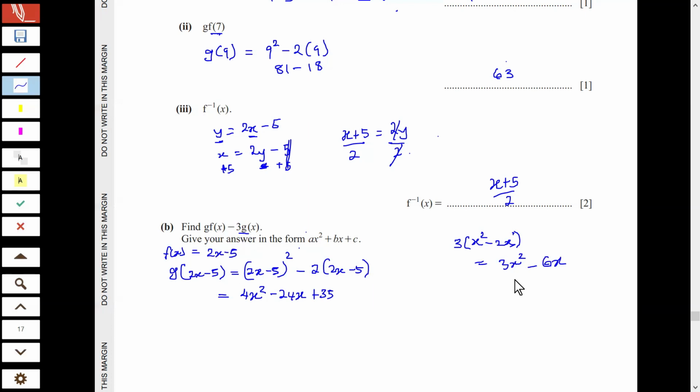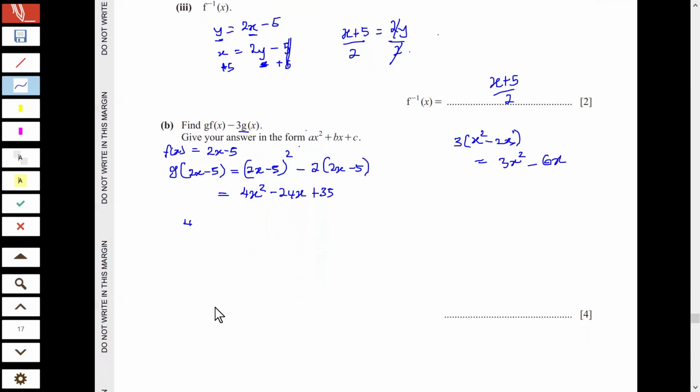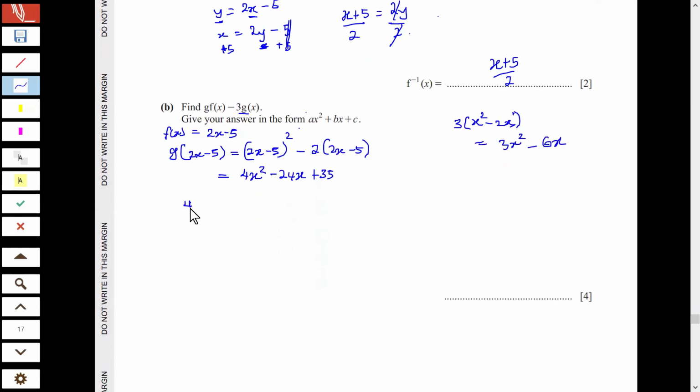So we have to subtract 3gx from gf of x. We can do that by writing 4x squared minus 24x plus 35 minus, in bracket, 3x squared minus 6x.